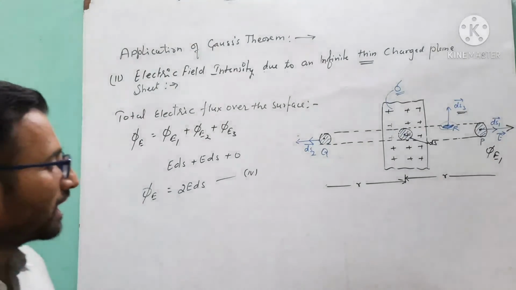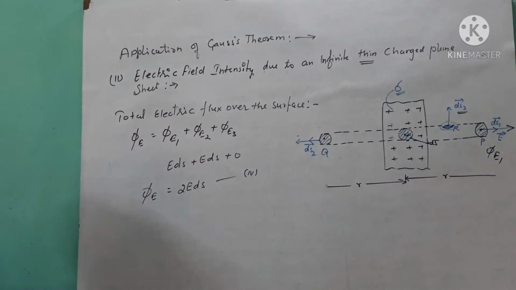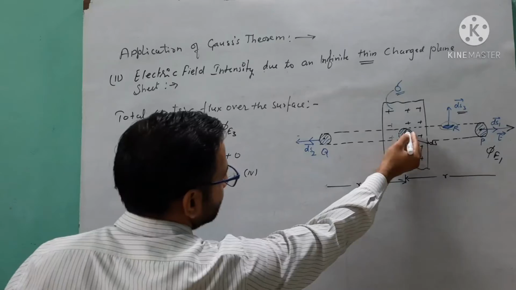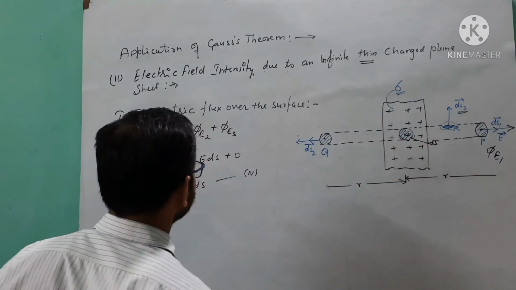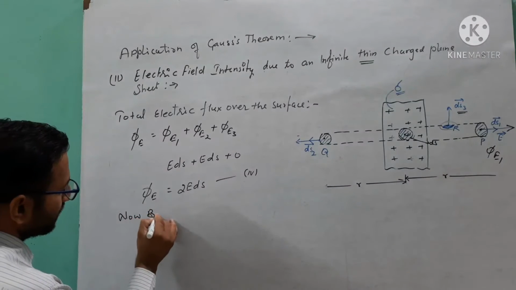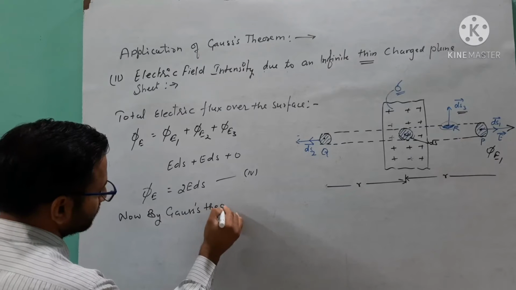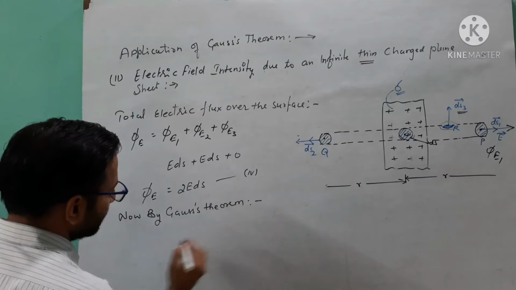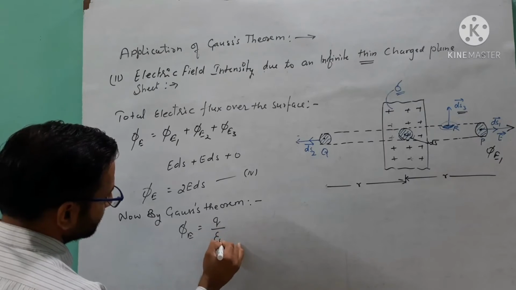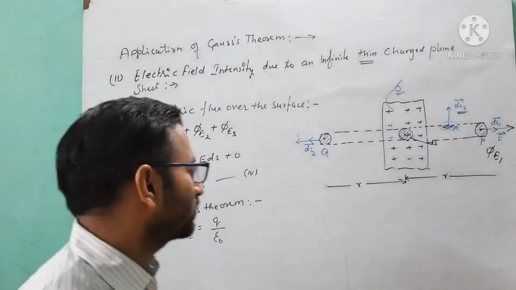And now by Gauss theorem, as we are following here the application of Gauss theorem, for this elementary surface, we will use here Gauss theorem. Now by Gauss theorem we know that phi E is equals to q over epsilon naught, because this plane sheet is placed in vacuum here.